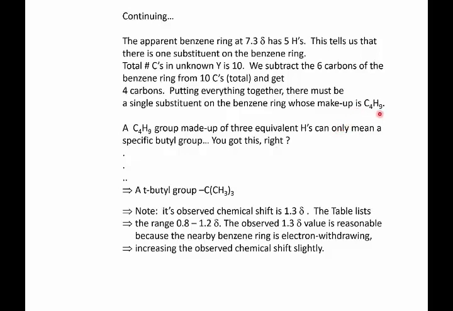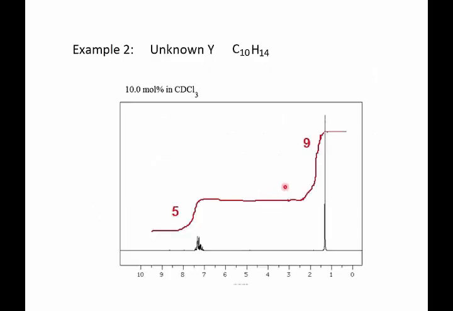A C4H9 group that has 3 equivalent methyls can only mean one specific butyl group. Can you figure out what that is? Only one possibility. It would be a tertiary butyl group, a T-butyl group. So we figured out now that this signal is due to a tertiary butyl group, and that T-butyl group would be bonded to a benzene ring.